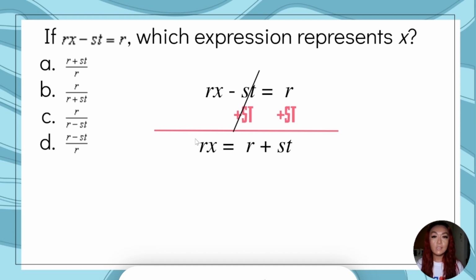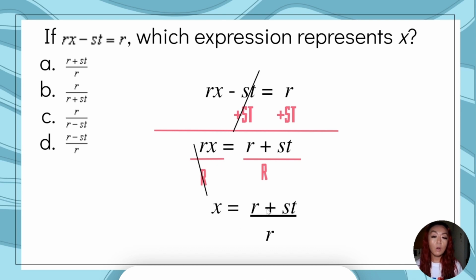So R plus St is literally R plus St. Then what we're going to do is divide both sides by R. The R's on the left-hand side cancel out, and we get X equals R plus St over R. And that's choice A.